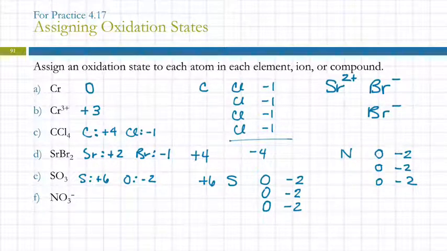They have to add up to the same charge as is on the ion. So the oxidation states have to add up to -1. So this is -6 from all 3 oxygens, and we want something here that when we add it to -6, we get -1. It's +5. So the nitrogen must be +5. 1 +5 and 3 -2s add up to the overall charge on this ion.